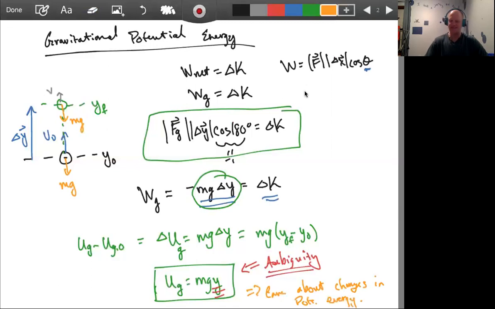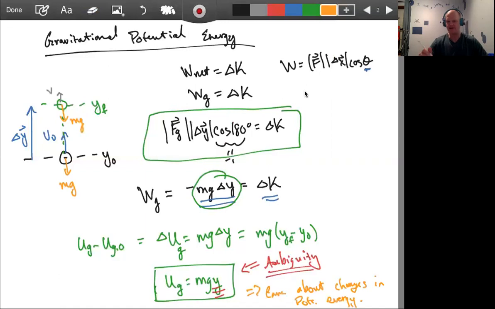So what matters to us is not the actual value of the potential energy at any given point, but how it changes going from one point to another point. This is what's going to be important to us, because of this inherent ambiguity in the definition of the energy itself.